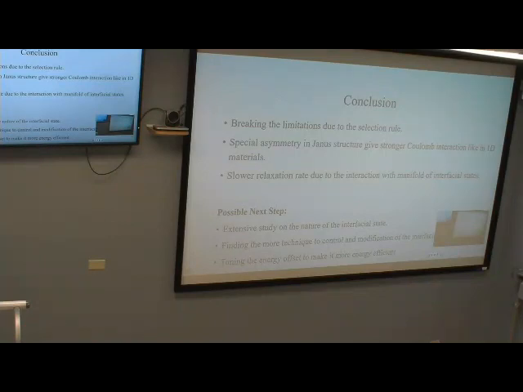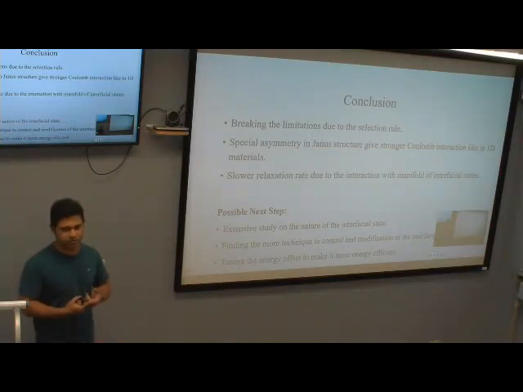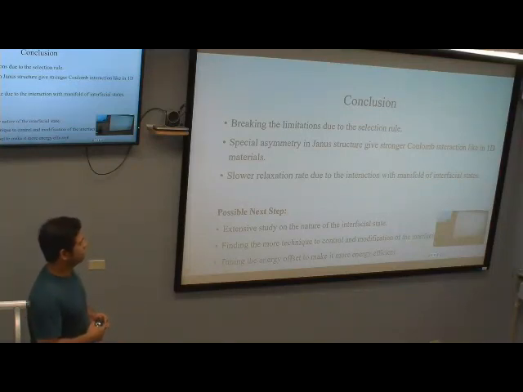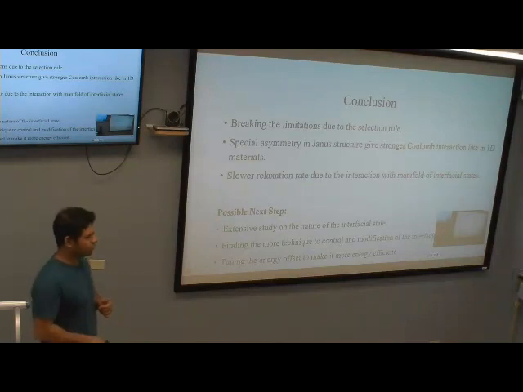There is something they want to do, and also something we can do, since they did not say anything about the nature, geometry or architecture of the interfacial state. We need to know how the interfacial states form and how we can control them, and whether there are other ways, like doping on the interfacial side, or creating a more efficient trap state, or other methods to slow down the relaxation.